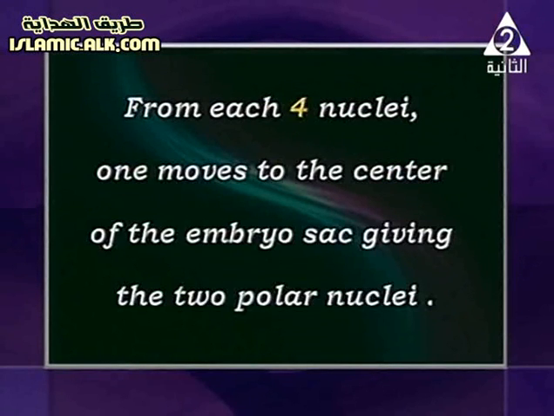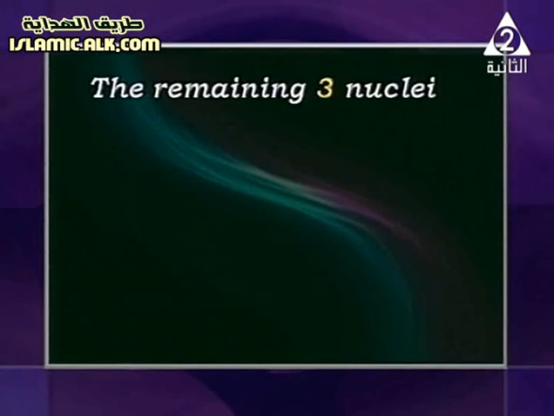From each 4 nuclei, one of them migrates to the center of the embryo sac, giving us 2 polar nuclei. And we're going to see right now the importance of this process.